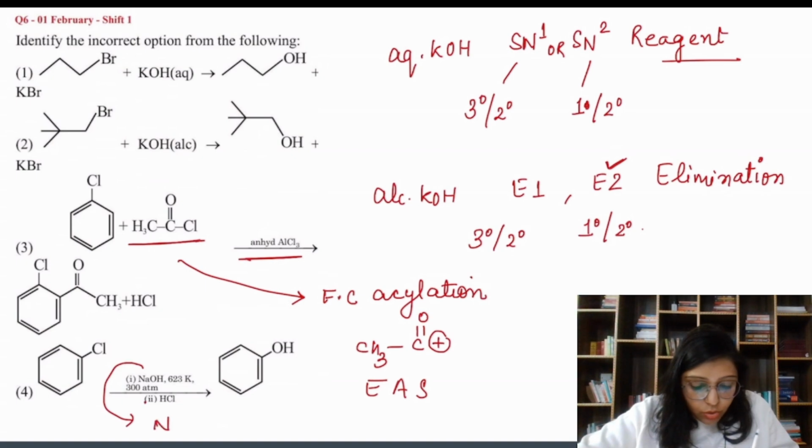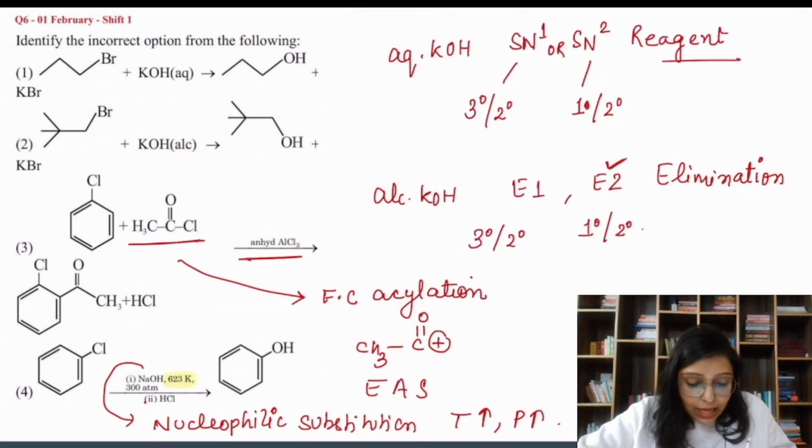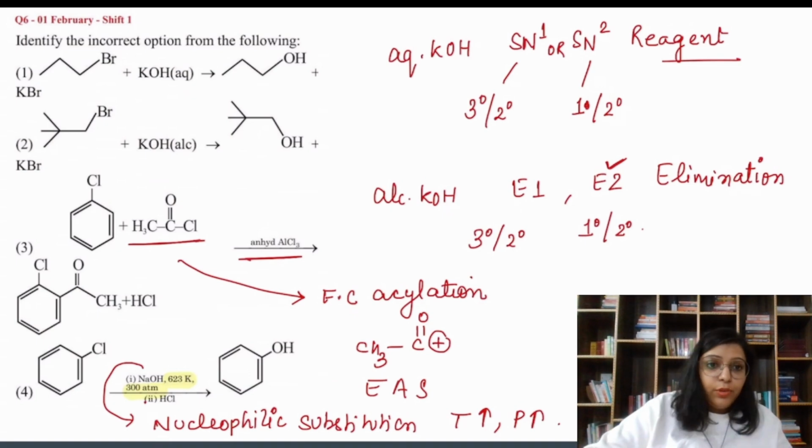So this is the nucleophilic substitution. Now we know that nucleophilic substitution is difficult on benzene ring, right? So for that, temperature should be more or pressure should be more. If you see the reaction conditions properly, here temperature is 623 Kelvin and pressure is 300 atm. Understood or not? So now we have to proceed in that way.